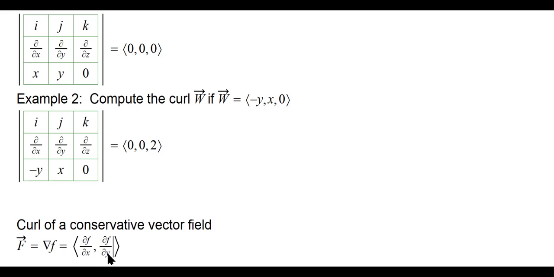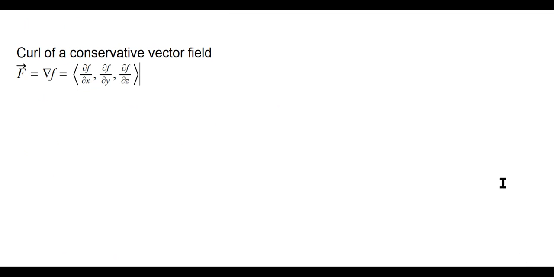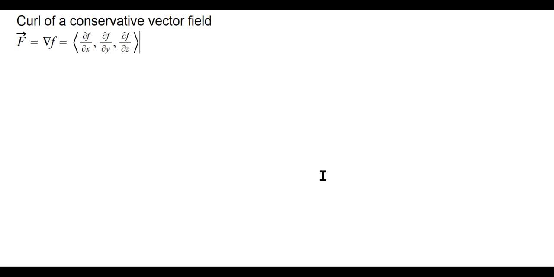Remember, that was a condition for the order not to matter. So we have this, and now we are going to write the curl of f and see what it comes out to be.